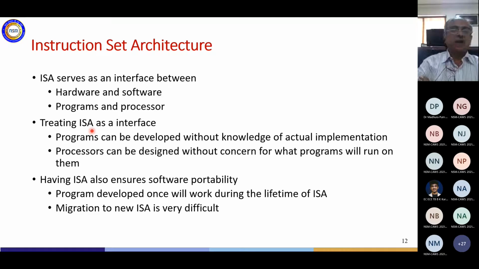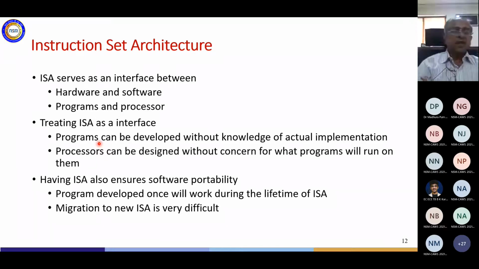And once the ISA is frozen, the programs can be developed without knowing how the actual hardware is, because the hardware designers have agreed to treat the ISA as an interface through which they will talk to the program. Similarly, the processor designers then do not care about what program will be written, as long as the programs that are written use the same ISA. So that's where the paths become independent in a traditional design of a processor.